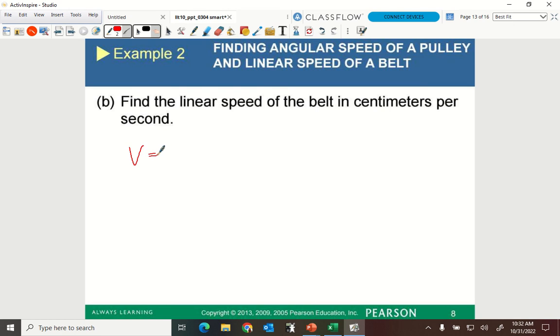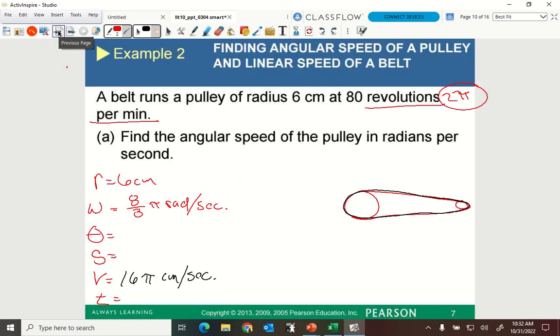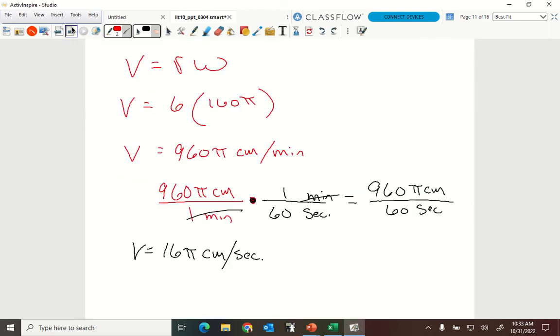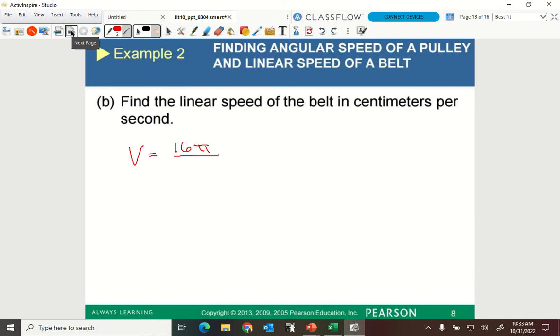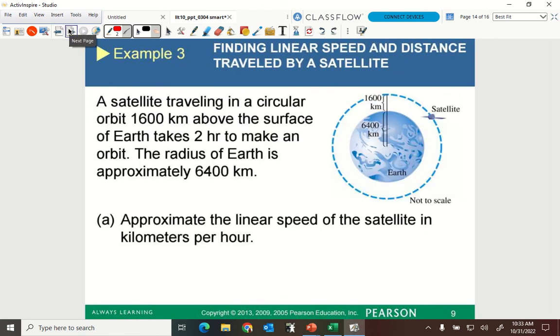And what did we say that was? 16 pi centimeters per second. I'm sorry. There we go. 16 pi centimeters per second. And that's it.